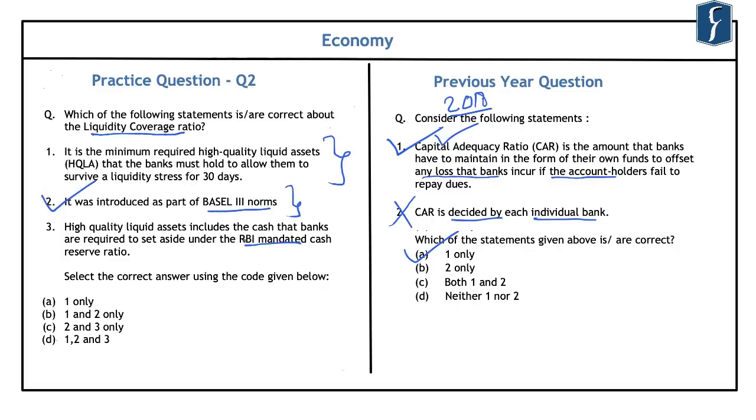Now, if you look at this third statement, these high quality liquid assets do not include the cash that the banks are required to set aside under the CRR ratio. However, cash which is lying with the banks outside the CRR ratio is considered as high quality liquid assets, and hence the third statement given here is incorrect and the first and the second statements are correct. So the correct answer that comes out here is B, that is 1 and 2 only.